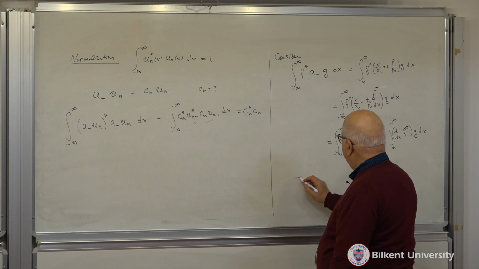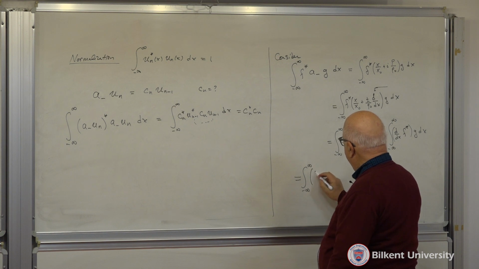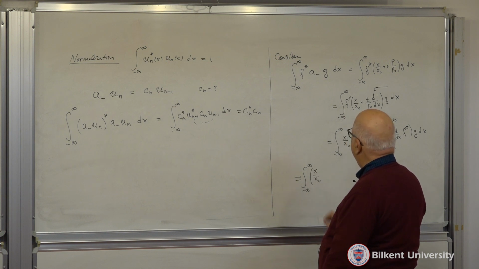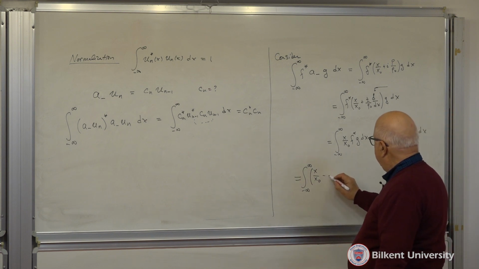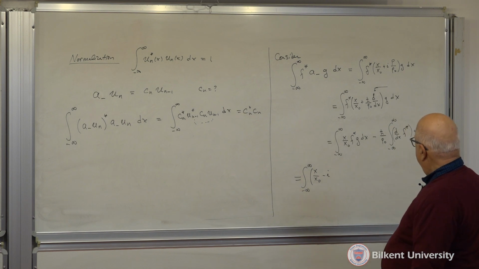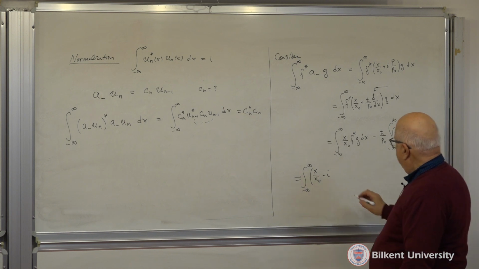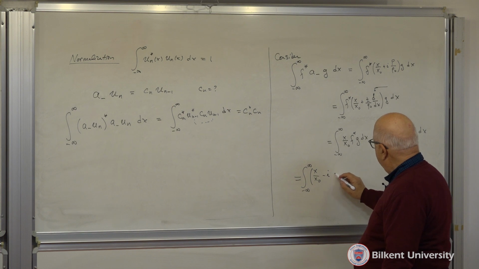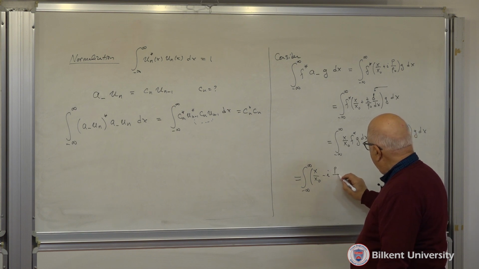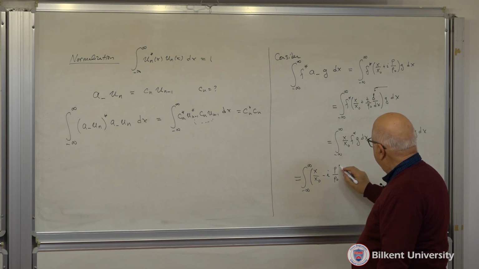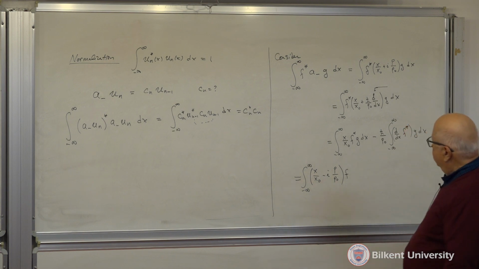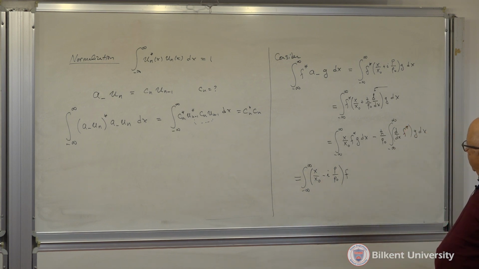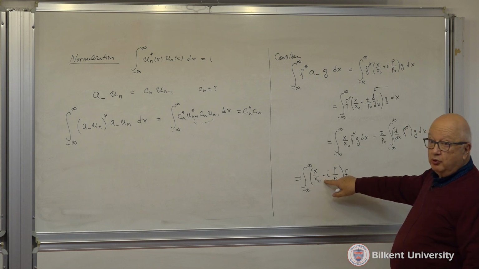So I'm going to write this as the integral minus infinity to infinity of x over x0 minus i p over p0 f. Am I doing this correctly? Almost, because I put the wrong sign here.